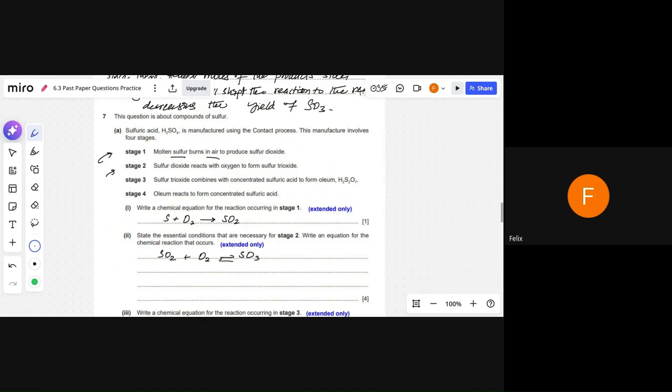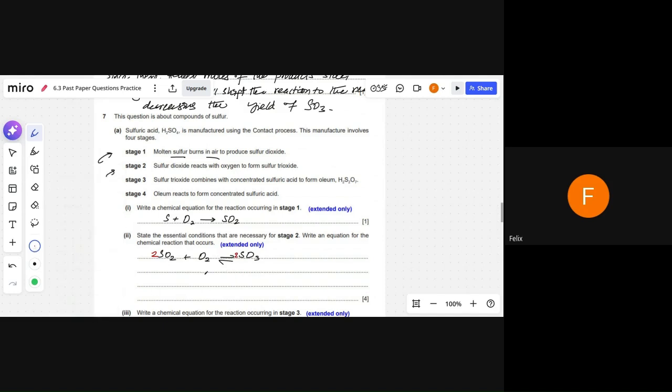To balance this equation, I need to put 2 here, and I need to put 2 here, right? So now we have 6 oxygens on both sides and 2 sulfurs on both sides, and the equation is balanced. And this is a reversible reaction, by the way.